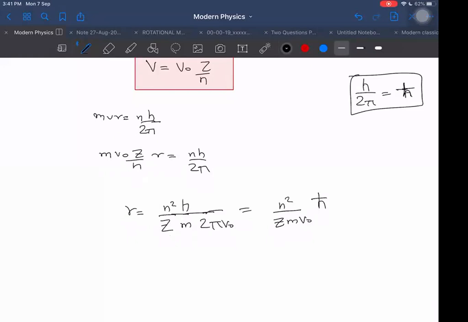Then I can write r the same way as I said before: for z equal to 1 and n equal to 1, meaning the fundamental orbit of hydrogen, r will be equal to r naught. So what will this become? R naught will become h bar by m v naught.